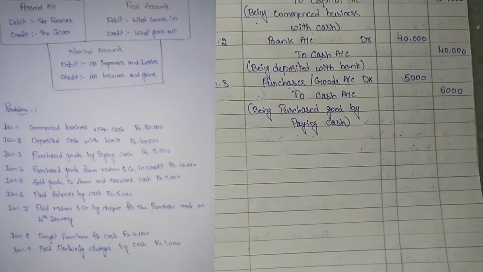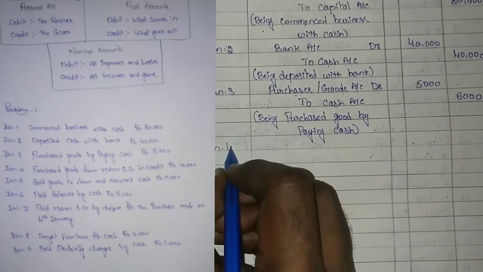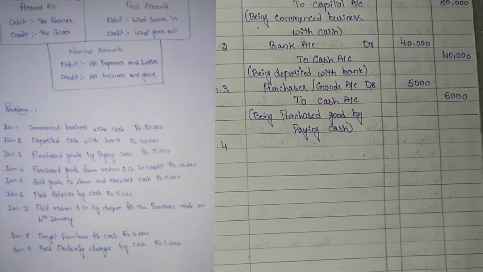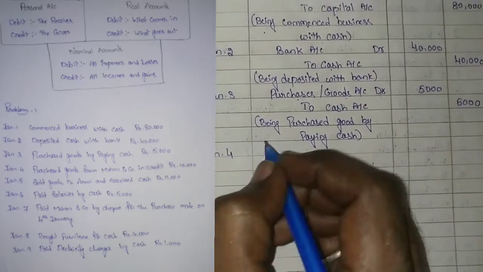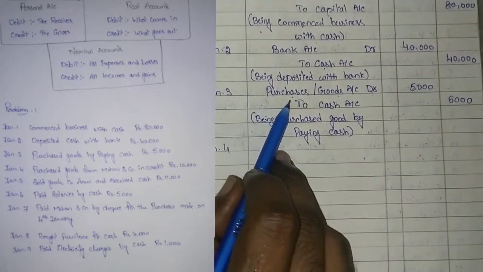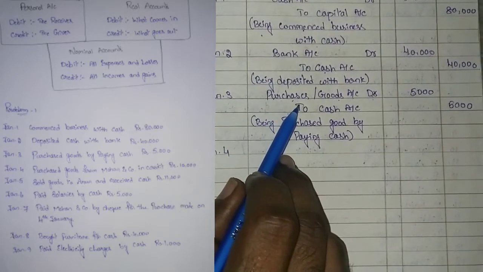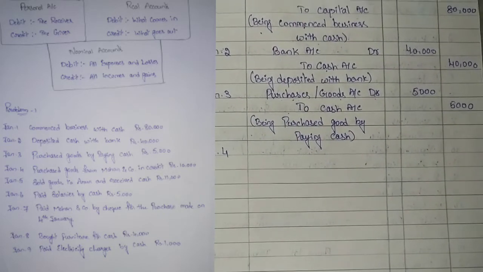So next, on January 4th, the transaction is purchased goods from Mohan and company on credit, 10,000 rupees. So it is a credit transaction. The same transaction, purchased, which we have written earlier was a cash transaction where we purchased goods by paying cash. But in this transaction, it is a credit transaction.